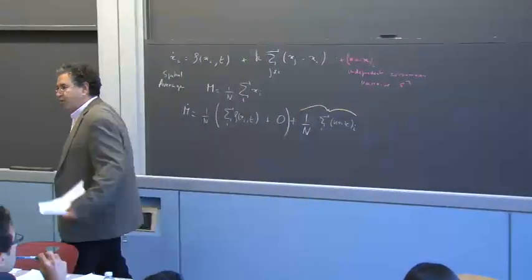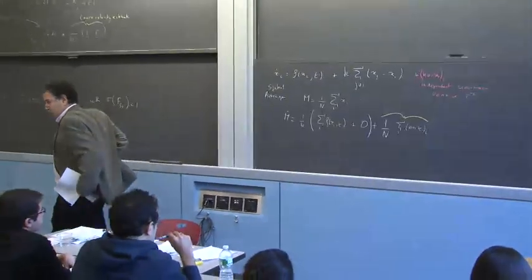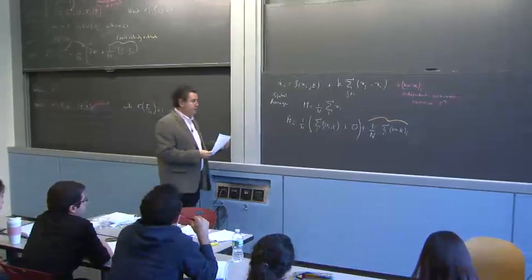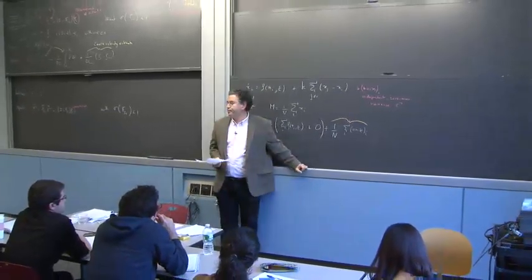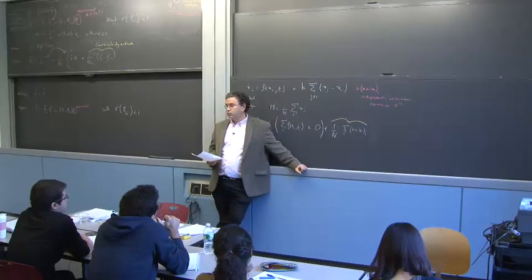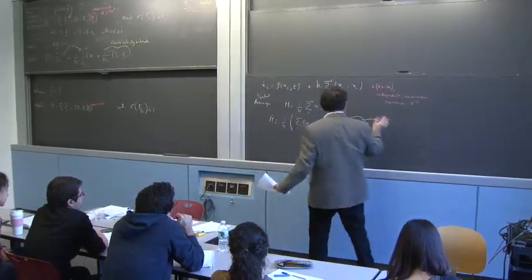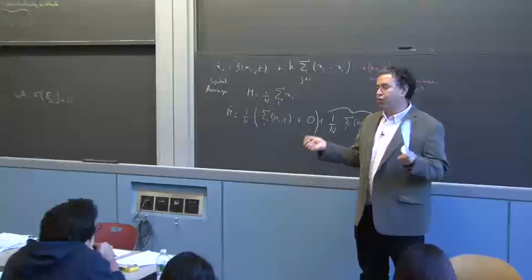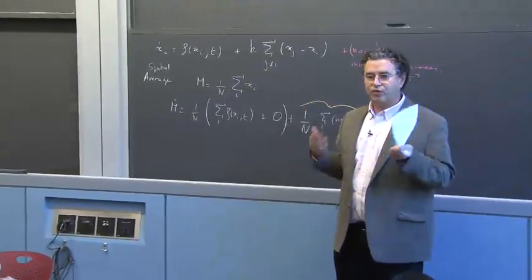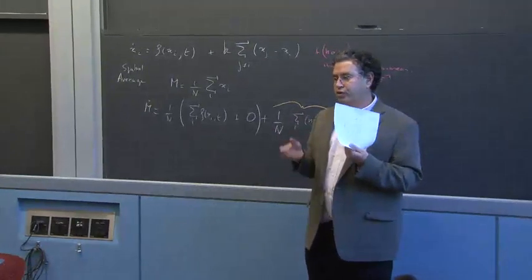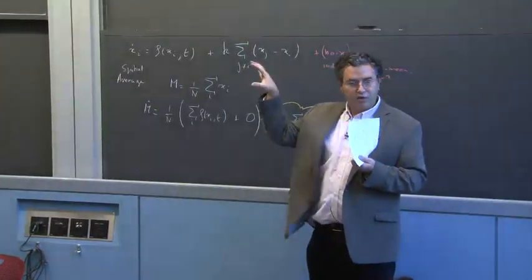So what can be said about the variance of this term? All these are independent noise processes with zero mean. So when you take the expectation of the square, the expectation of all the cross products are zero, so you just take the sum of the noises.